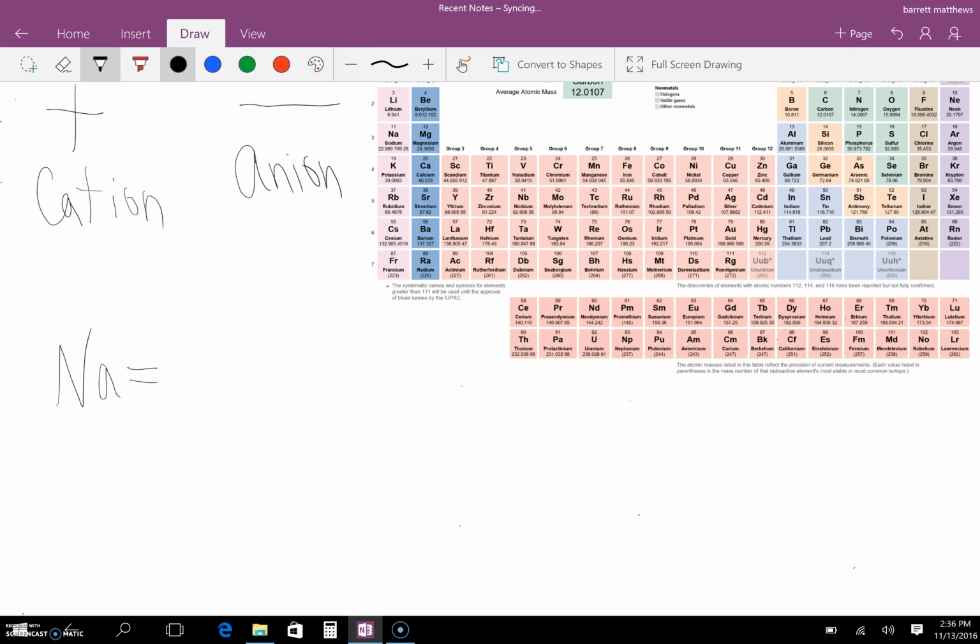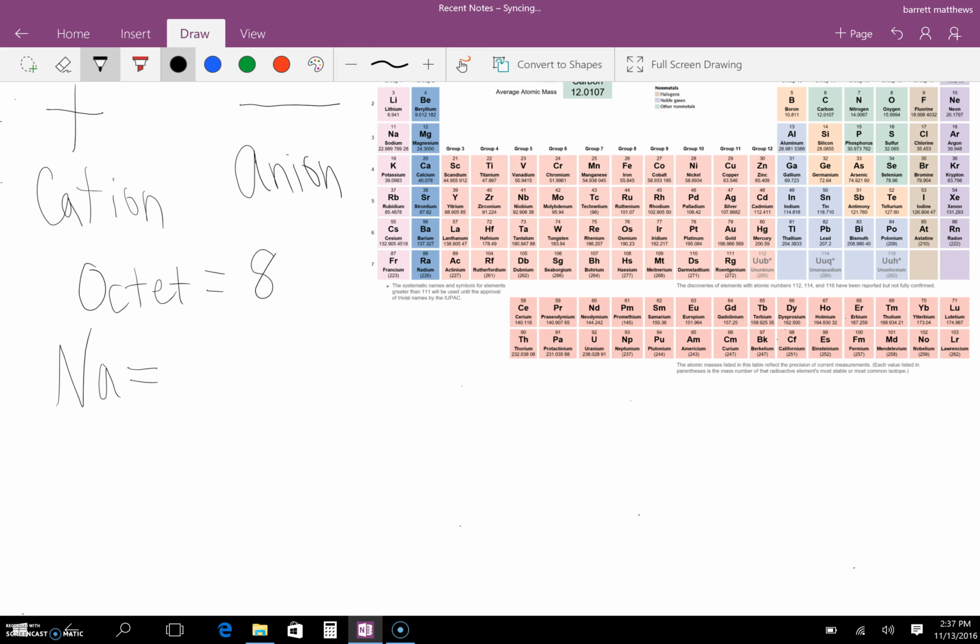Two rules that we're going to work with here are the electron configuration and, secondly, the octet rule. The octet rule says that everything wants to have 8, with the exception of hydrogen and helium, which only go to 2.